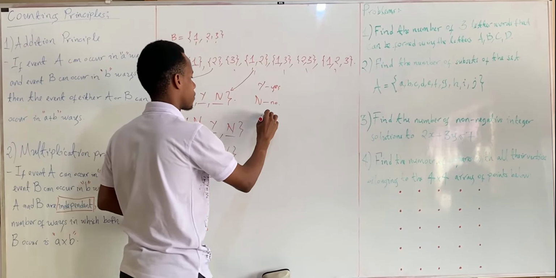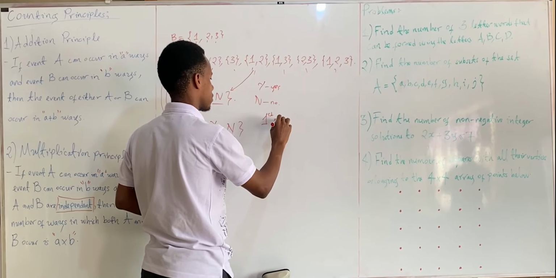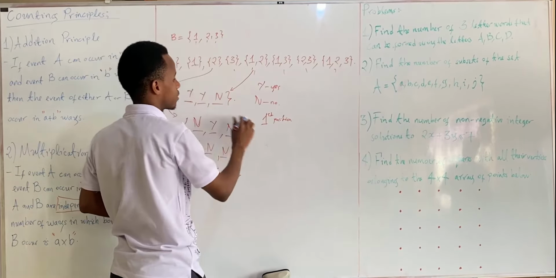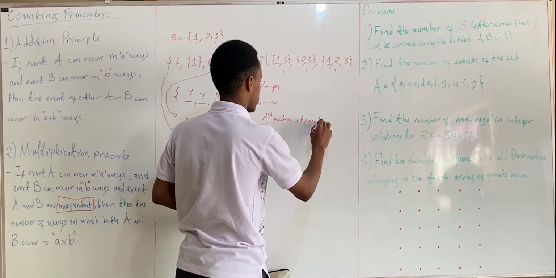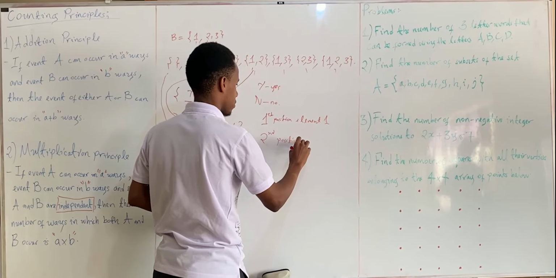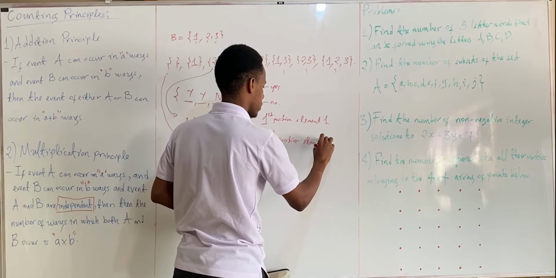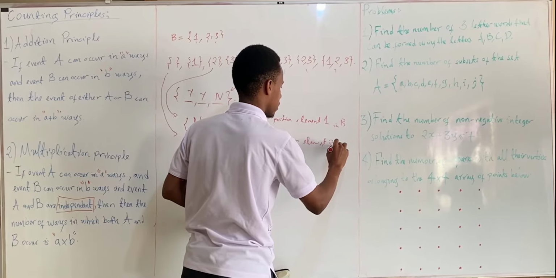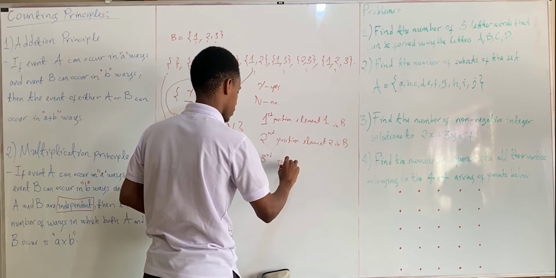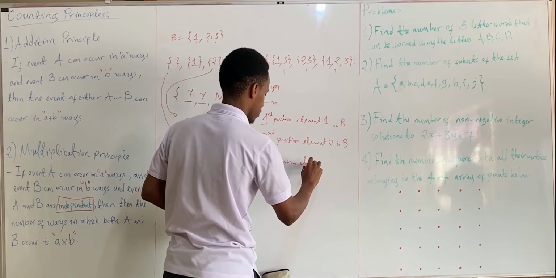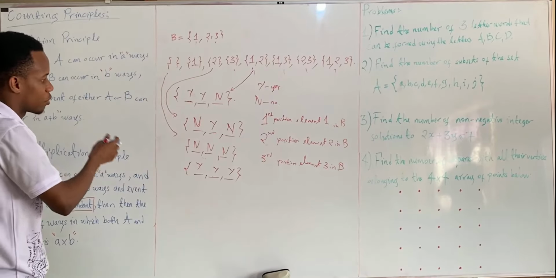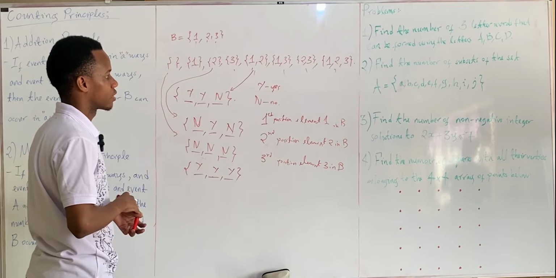The first position is for the element 1 in the original set, and the second position is for the element 2 in B. And the third position is for the element 3 in the original set B. Okay, so what we are actually doing here, we are making 3-letter words in order to form this subset.